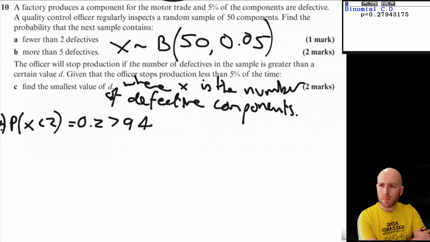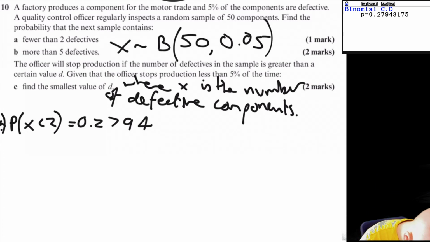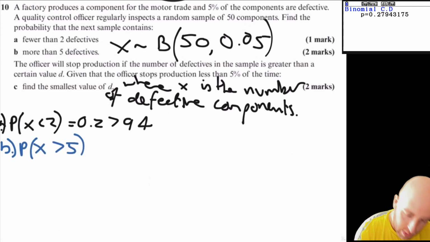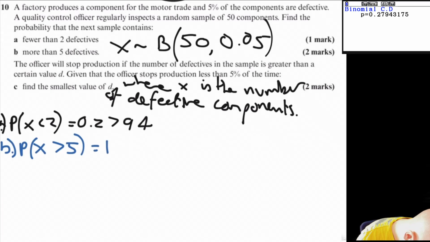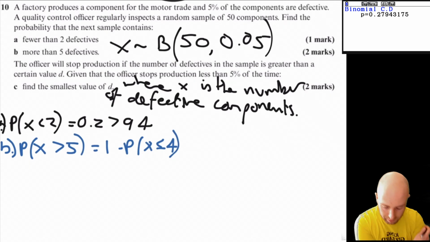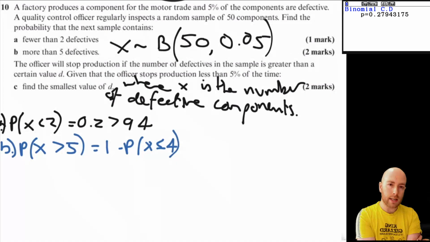Right, next one, more than 5. The probability X is greater than 5. So remember, ClassWiz, you're going to need to do 1 minus the probability X is less than or equal to 4. So I'm going to write that down anyway. On the graphical calculator, however, we're going to go greater than or equal to 6.